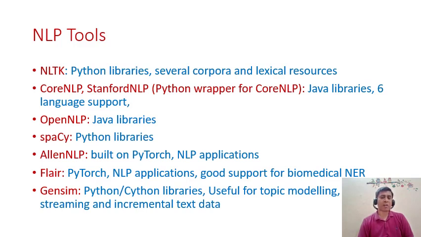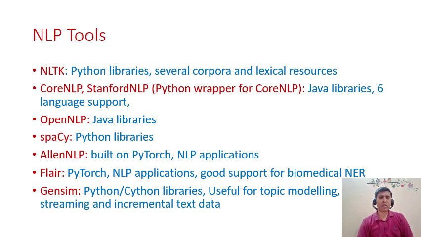And some of them are very good on the application sides, especially entity recognitions, relation classifications, and so on. So, for example, if you see LNNLP, FLAIR, these are more targeted towards the NLP applications. Of course, they have also built the basic fundamentals.